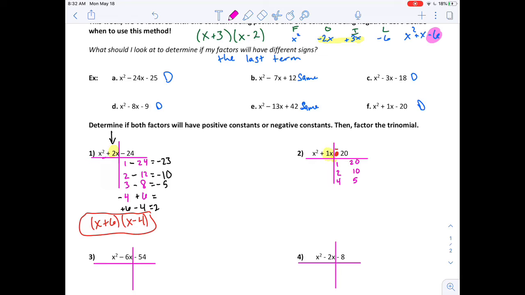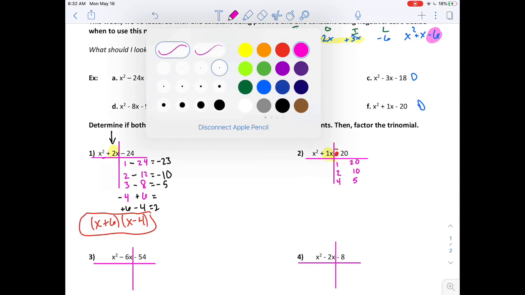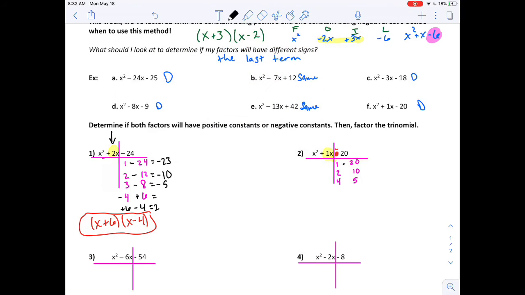So 1 and 20 are not 1 apart. These are 19 apart. And again, we take 1 minus 20. These are 19 apart. These are 8 numbers apart, but 4 and 5 are 1 number apart. And if I want this to be a positive 1, if I want more positives than negatives, then which number out of these two has to be positive?